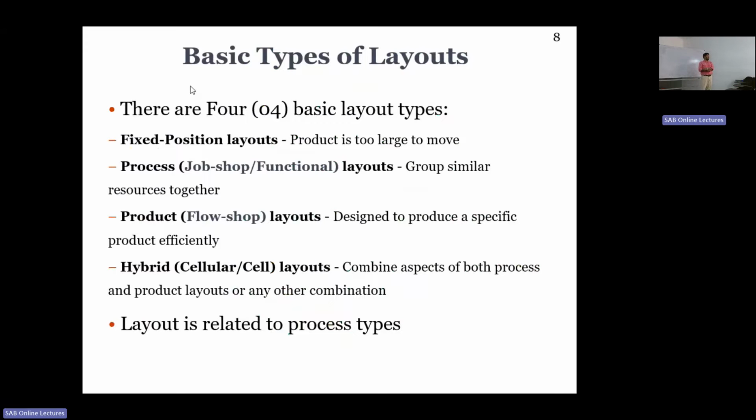So those are the 4 main layout types, of which the characteristics are different. The advantages are different. Their limitations are different. During the remaining 40 minutes or so, we try to identify their characteristics, at least one.